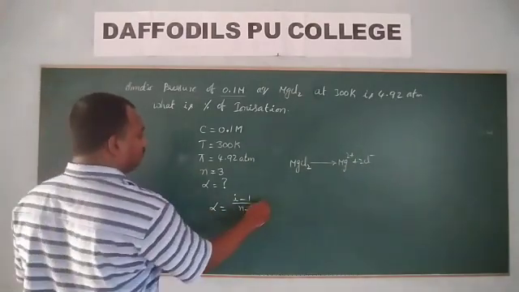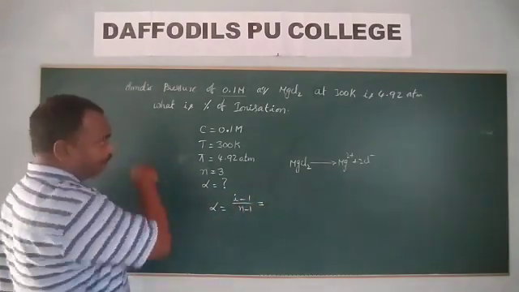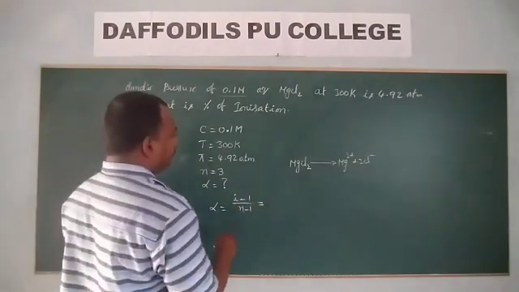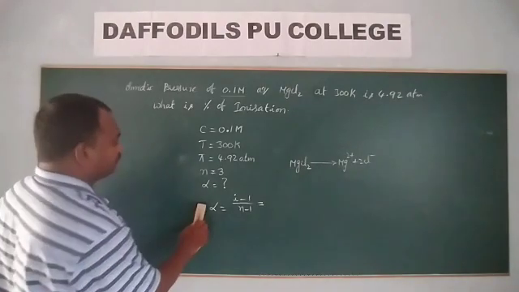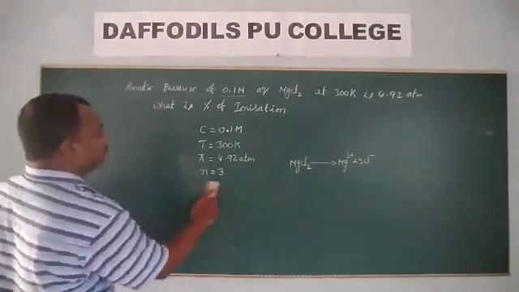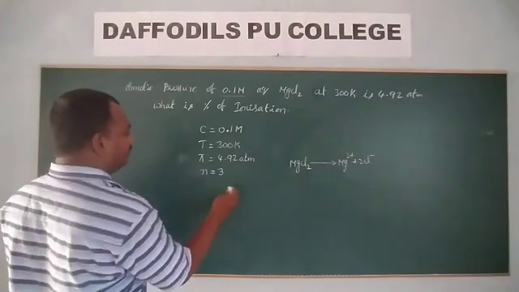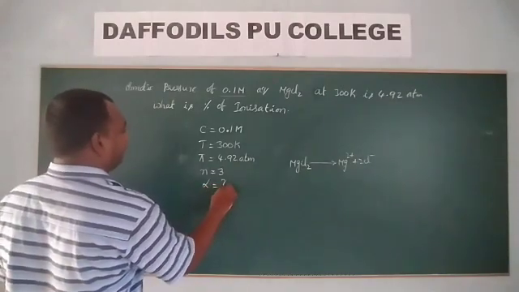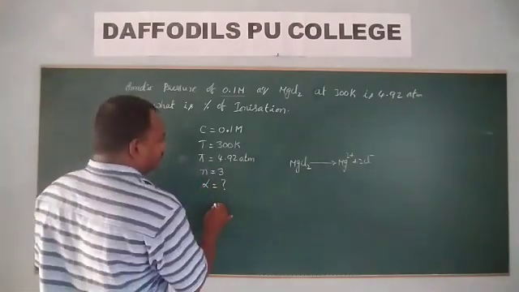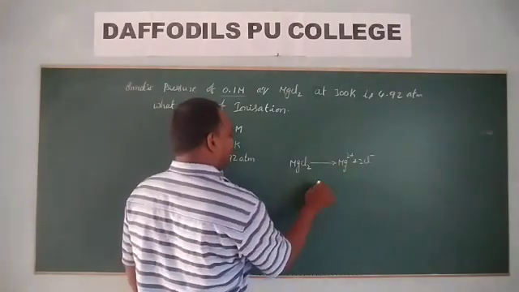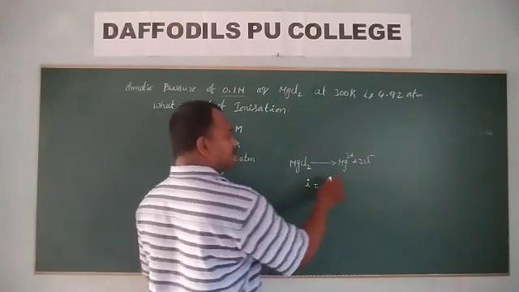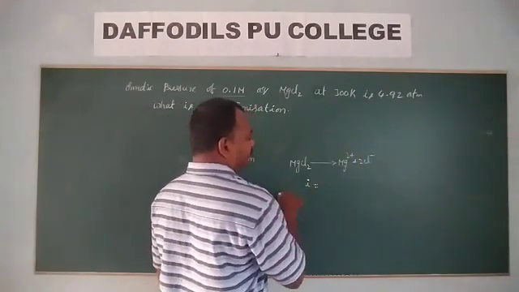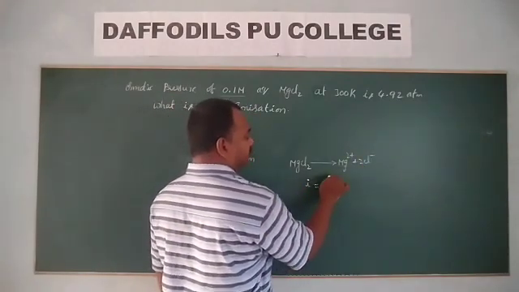So we have to find the i value, and from here we will get the i value. i is equal to the number of particles after dissociation by the number of particles before dissociation.